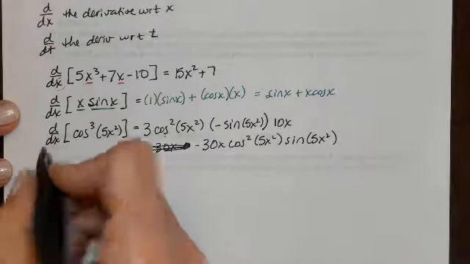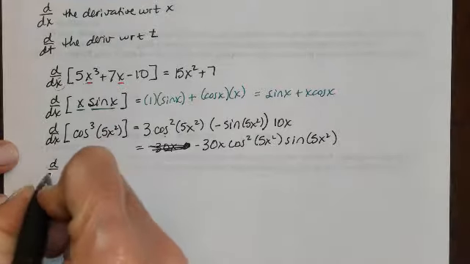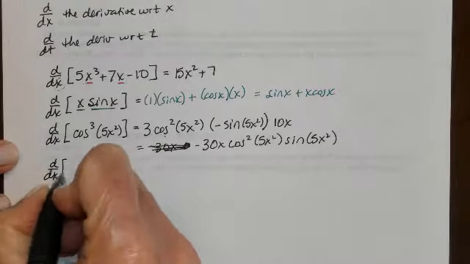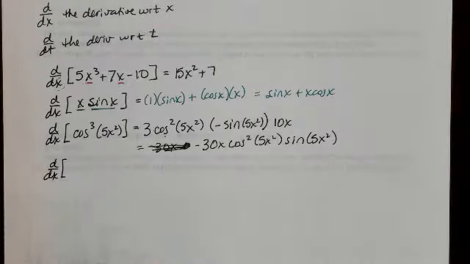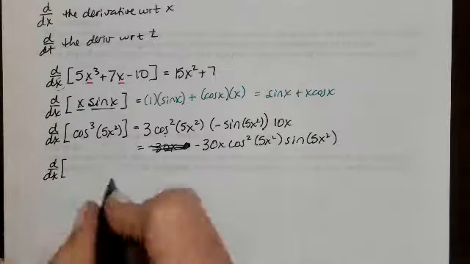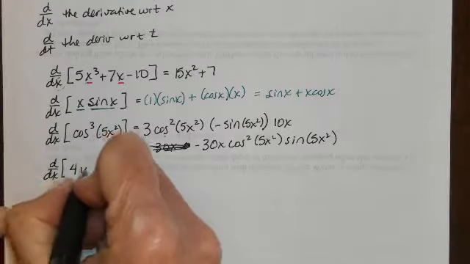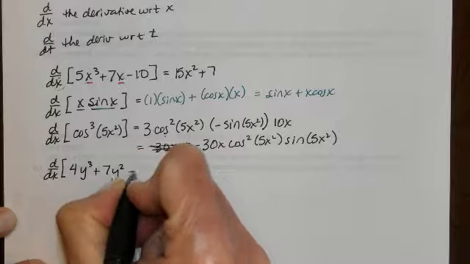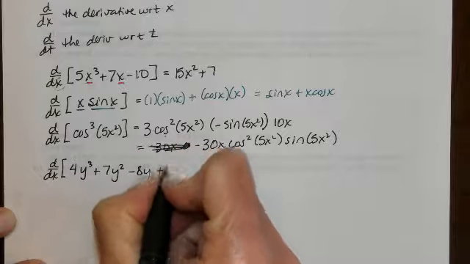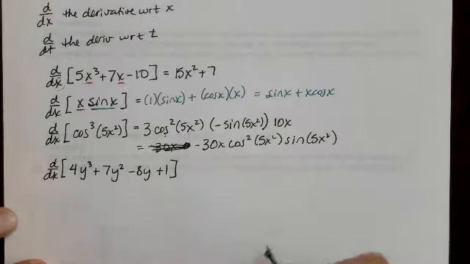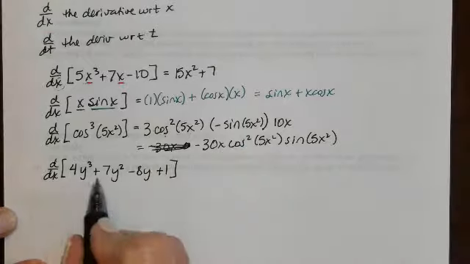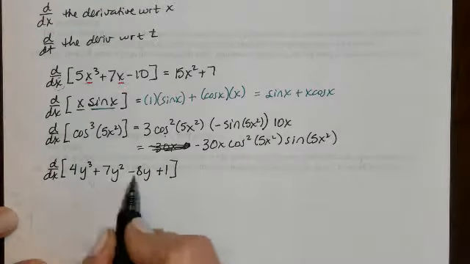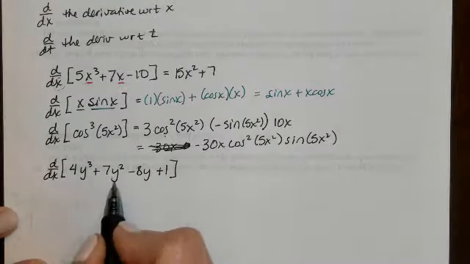What if that's not the case? What if we try to take the derivative with respect to x of something that doesn't have x's in it, some function of x? What if we had like 4y cubed plus 7y squared minus 8y plus 1? Okay, how do you take the derivative with respect to x of not an x?